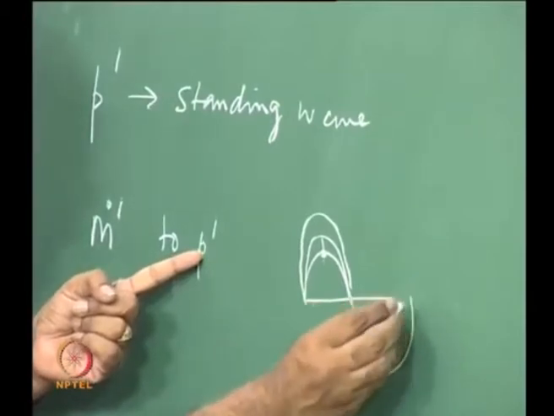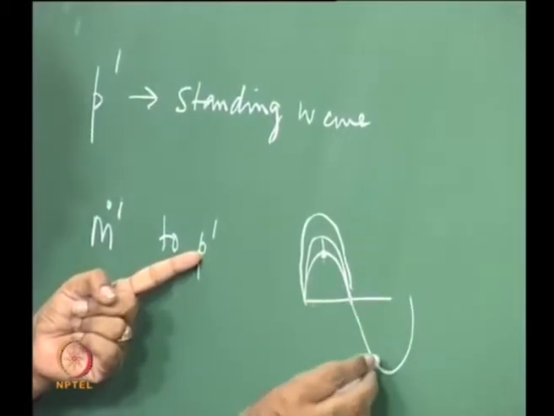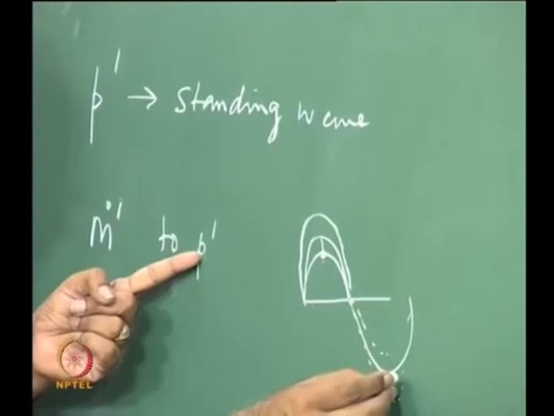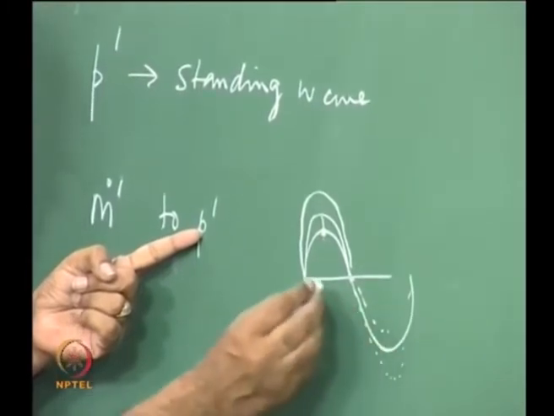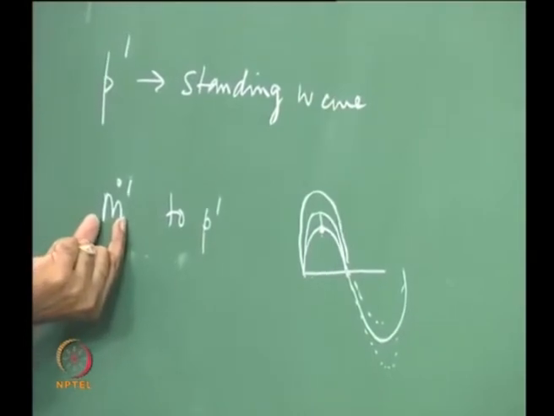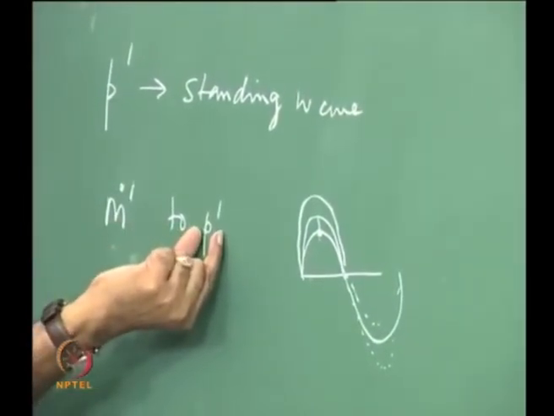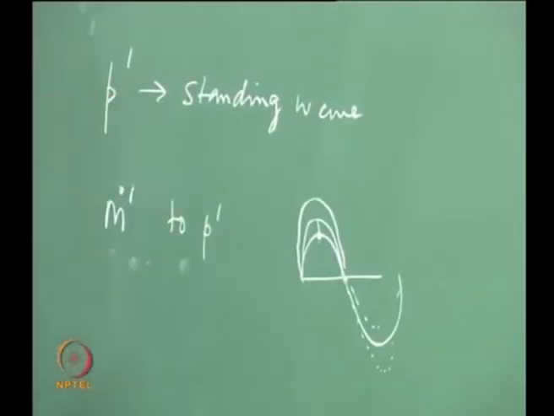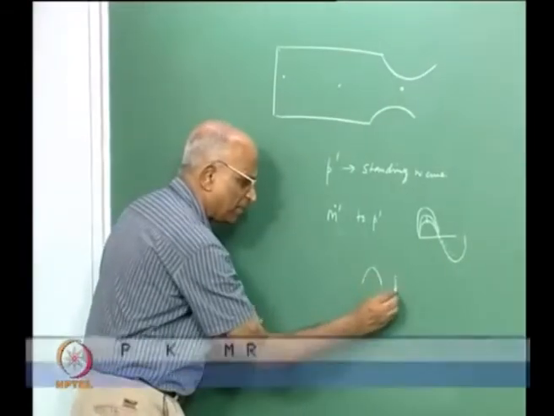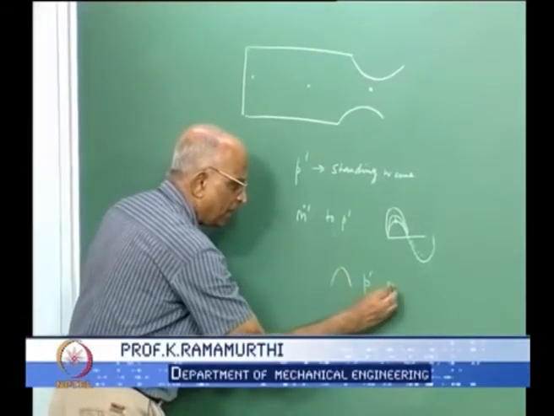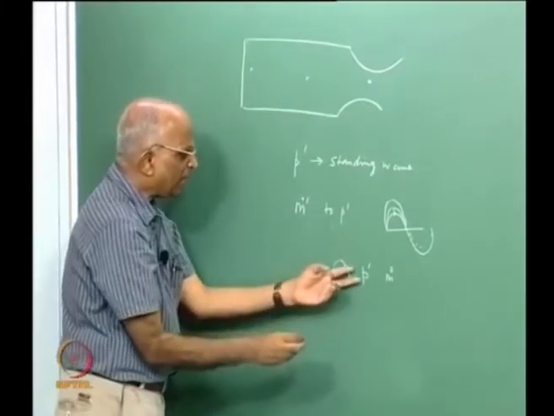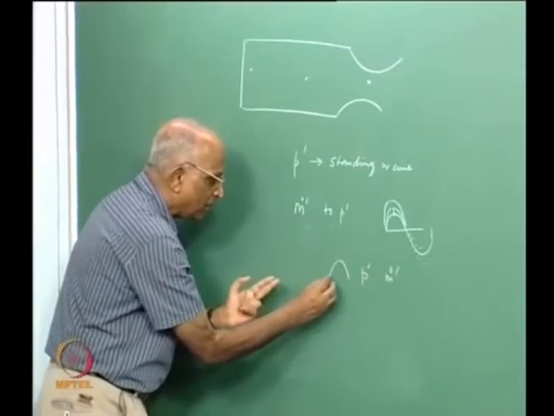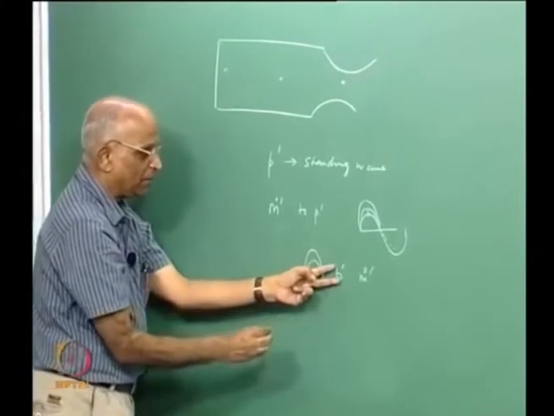If I were to have a condensation or a rarefaction over here, at this point I add mass in the negative direction, that means I remove mass, my amplitude goes up. Therefore adding mass when the pressure perturbation is a maximum can give rise to a higher value of pressure. All I am looking at is a pressure perturbation P prime. If I add mass in the same phase as pressure, then the addition of the mass perturbation to the pressure perturbation could result in the amplitude of the pressure perturbation going up.